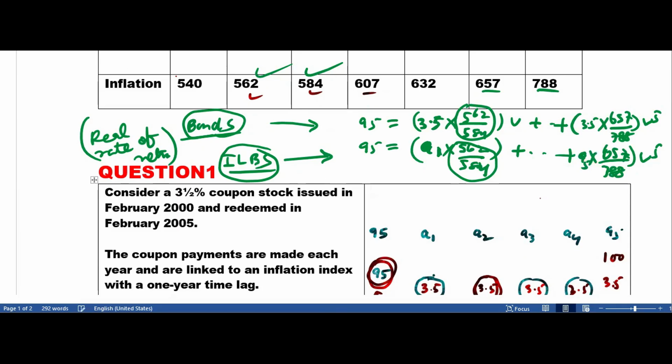The difference is only in 3.5. This will be 103.5, 103.5 and A5. 3.5 and A1, 3.5 and A2. So only to find A1, A2, A3, A4, A5, we are using the lag concept and how to use the indices in the opposite way. So, got it? Do you have any doubt?